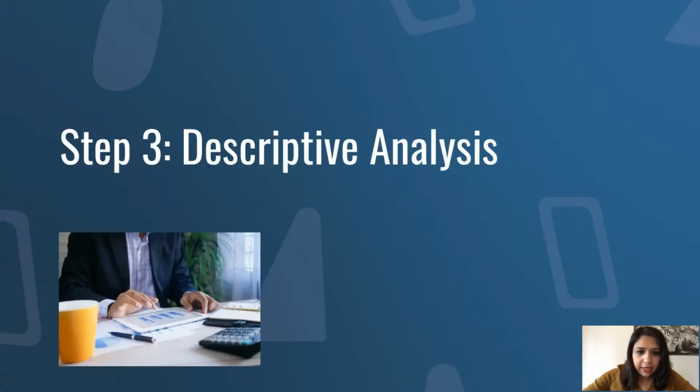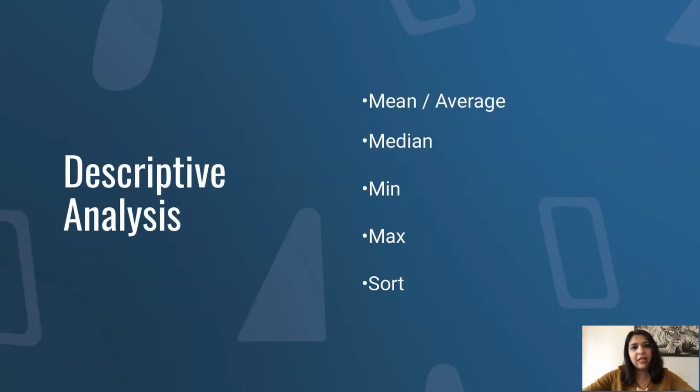Now that our data is cleaned, let's explore it a little bit for more descriptive analysis. Descriptive analysis gives us some statistical measures. We calculate some statistical measures, and this is good enough to also find out if there are any trends or patterns in the data, or if there are any problems with the data.